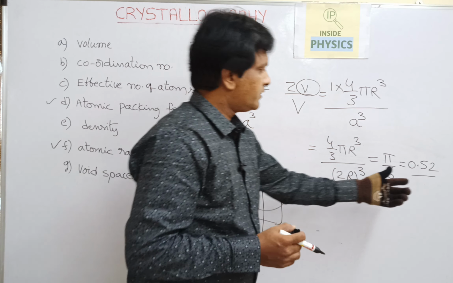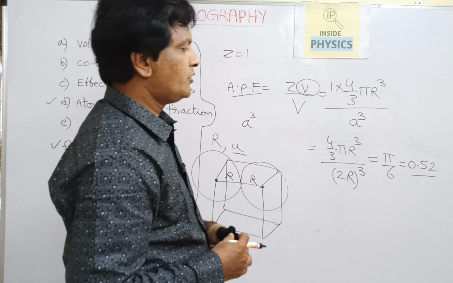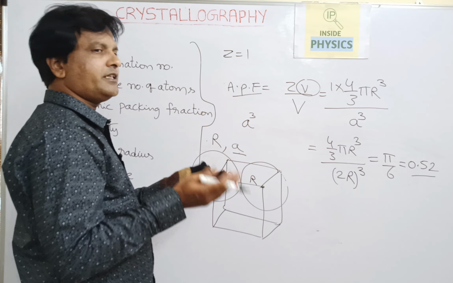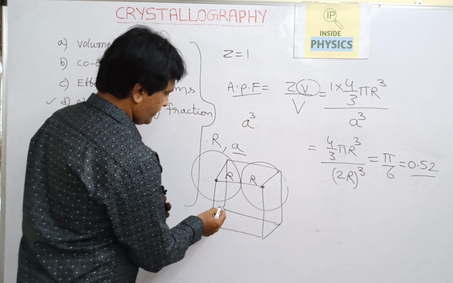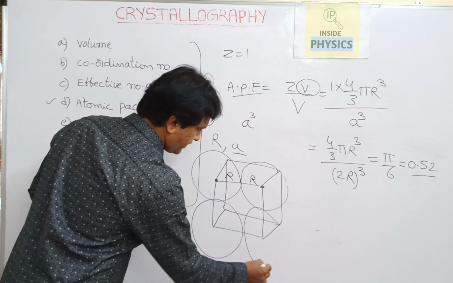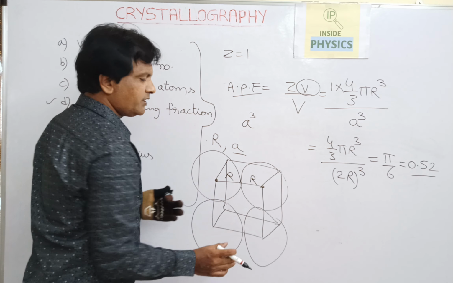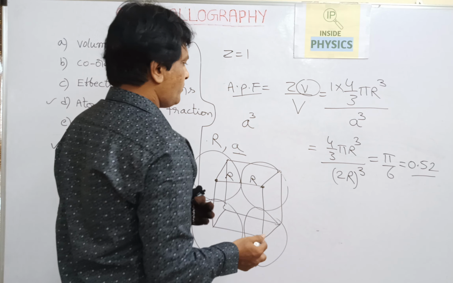If you deduct this from the entire volume, you will get the void space, that is empty space. When there are atoms like this in a cubic structure, the empty space between the atoms is called void space.